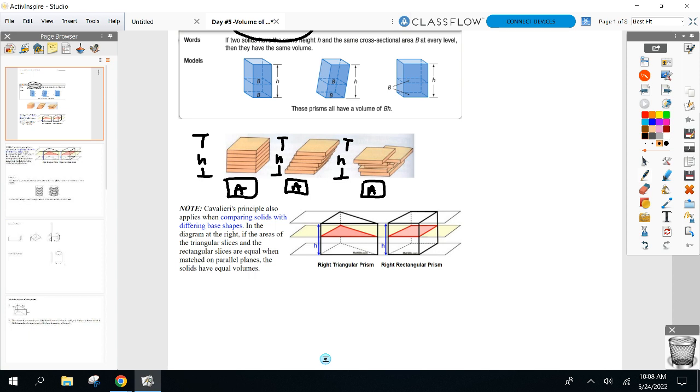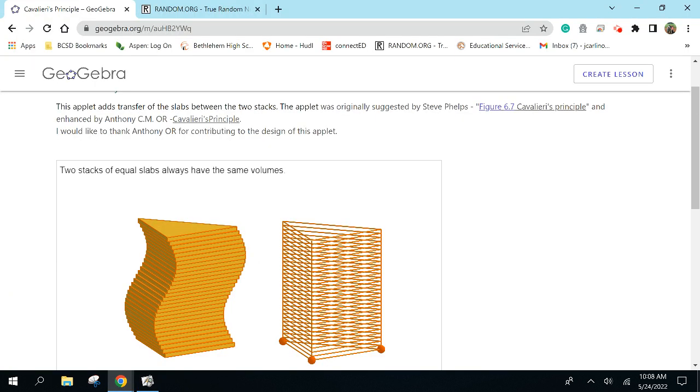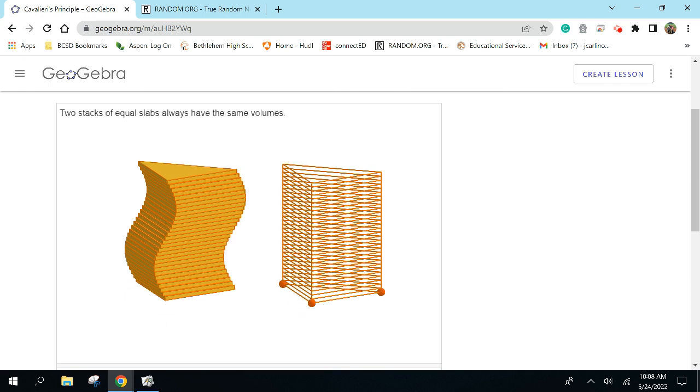Talking about it doesn't do me much. I like a visual. Take a look at these 2 bad boys right here. You would not think they had the same volume because they look totally different, right? Everyone agree? Well, take a look. Do they both have the same heights? If I took a cross-section here and held it up, what would it be? Triangle. If I took a cross section here and held it up, it would be a triangle with the same area.